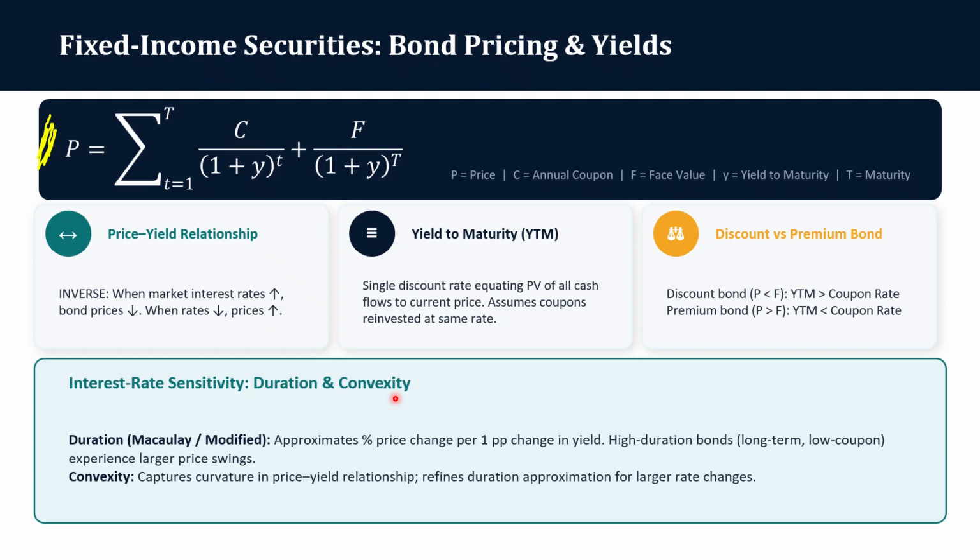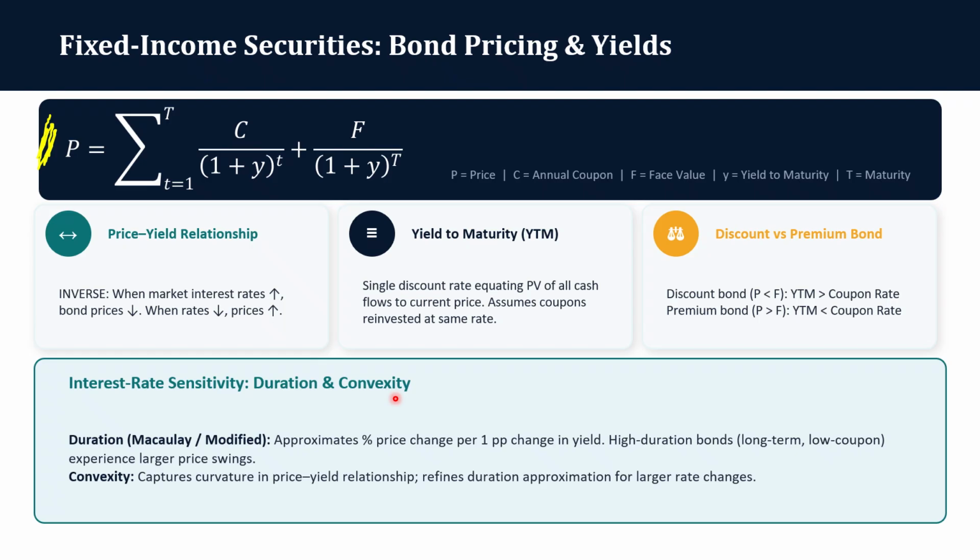Long-term bonds and low coupon bonds tend to have higher duration, which means their prices respond more strongly to interest rate change. Short-term or high coupon bonds have low duration and are less rate sensitive.